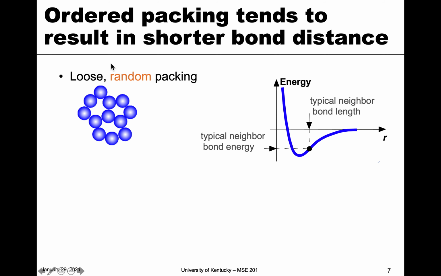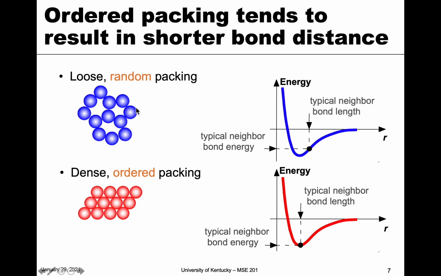Ordered packing of these spheres tends to result in shorter bond distances, so things are closer on that bond energy diagram, and they get closer to the energy well. That's what happens with ordered structures. Sorry, this is the loose one here, so it's further away.